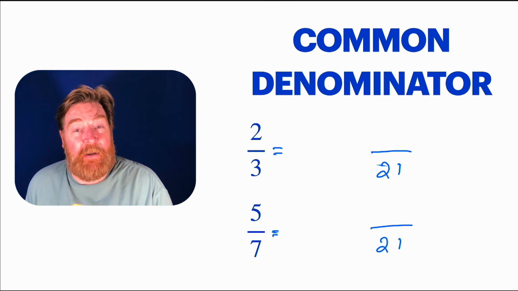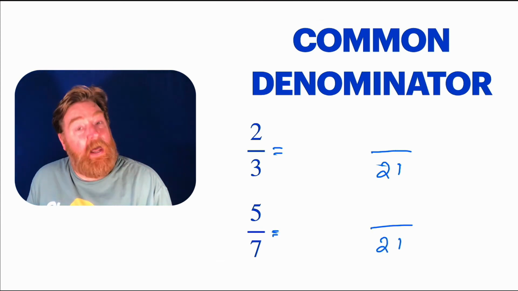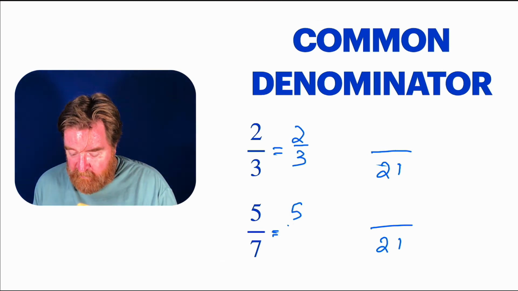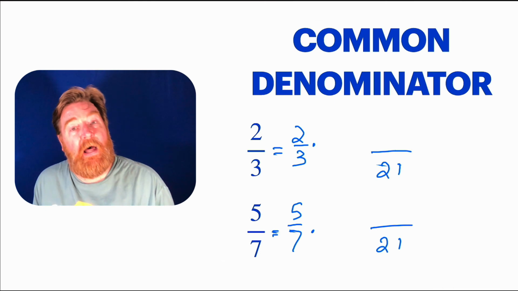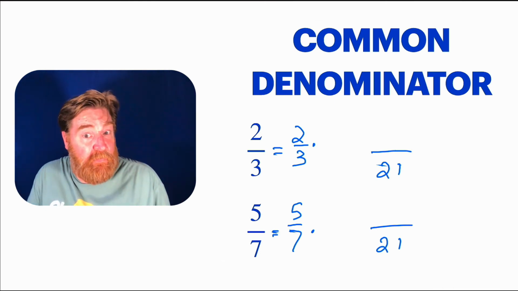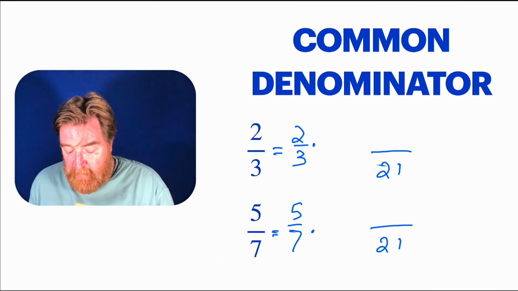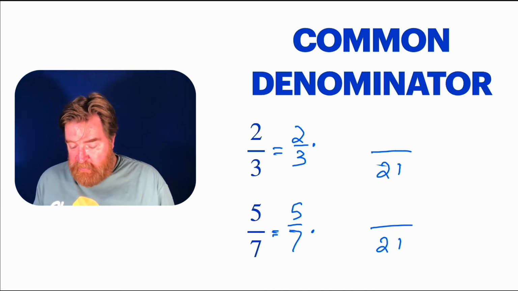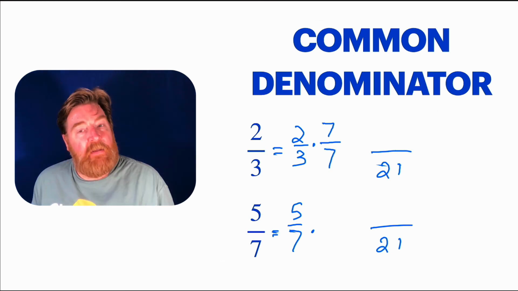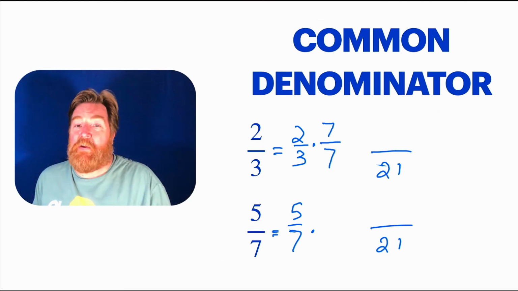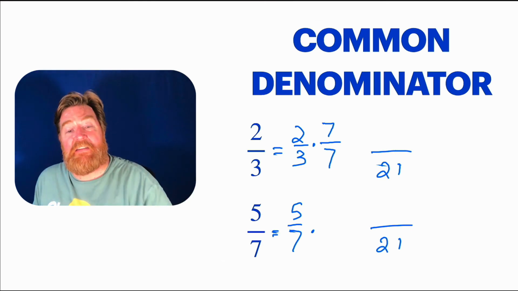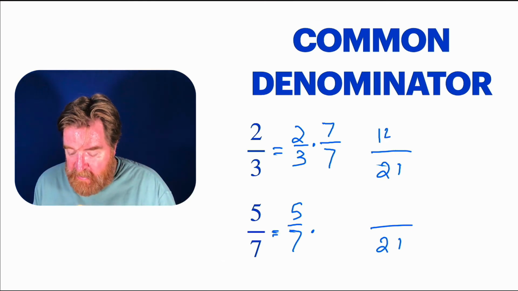Okay? Well, now it's time to decide what the right form of 1 is. What are we going to multiply in? We're anti-simplifying, so we need to multiply in by a 1. And hopefully you can see, to convert thirds into 21sts, you need a 7 in that denominator, and therefore you need it in the top too, because that makes the 1. 7/7 is 1. 2 times 7 is 14.